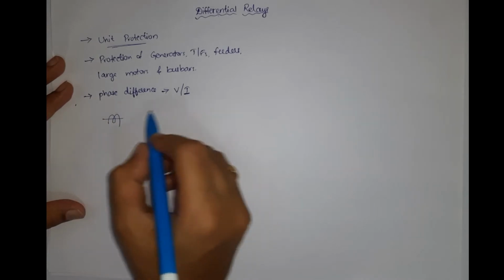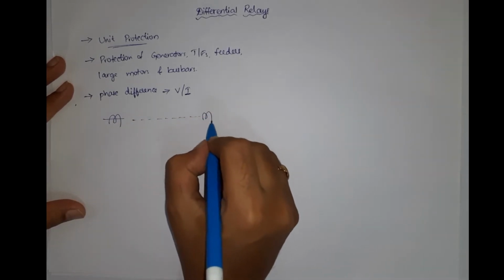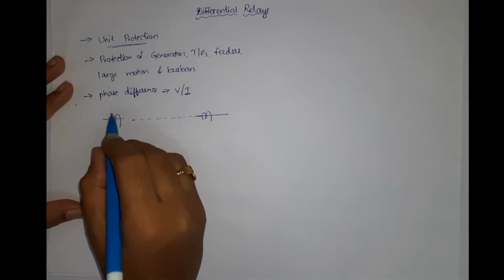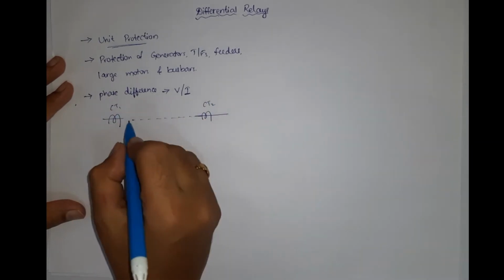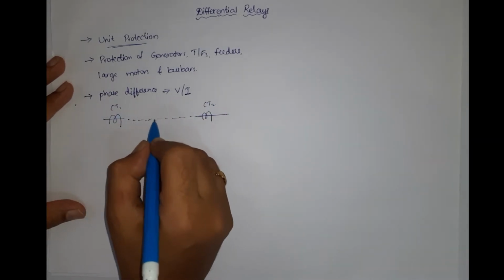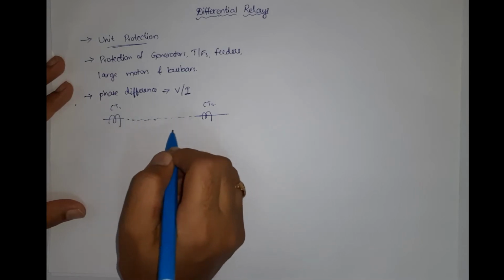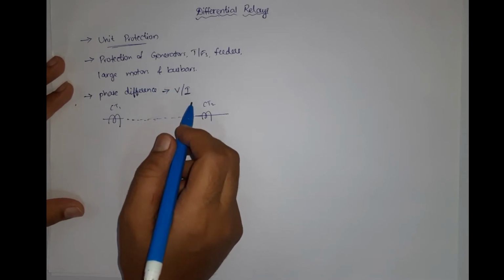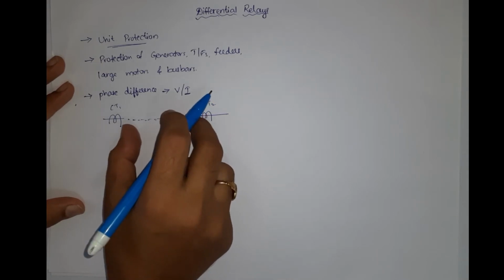Principle of working. How does it work? These are the two CTs, CT1 and CT2. The thing that is represented in dotted line is nothing but the area which we need to protect. That may be a generator or transformer or a feeder or a motor or a bus bar. Whatever it may be, this is the area of protection.